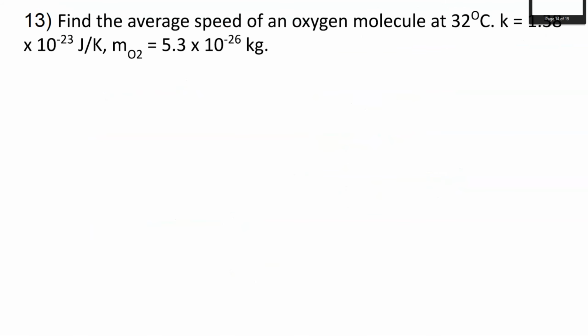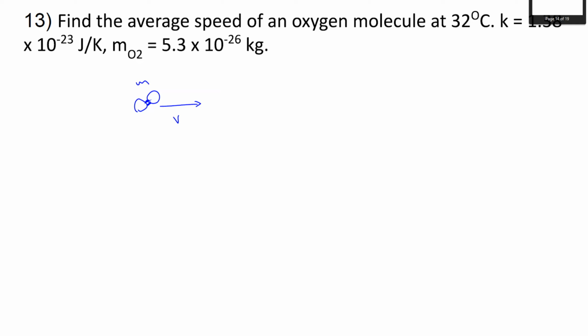So here's number 13. Find the average speed of an oxygen molecule. We did this one on the video, right? If this thing is moving, and remember oxygen is two oxygen atoms with a double covalent bond, that's chemistry stuff. But anyway, if this thing is moving with a velocity, it's certainly got mass, so it's got kinetic energy.